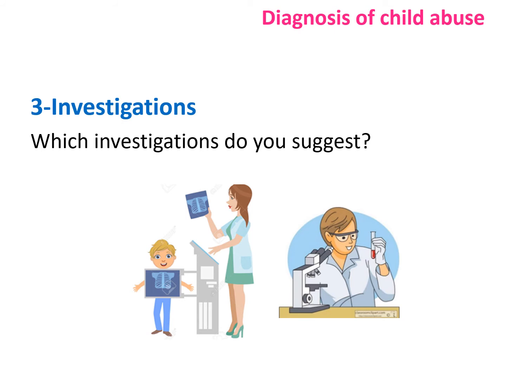Sometimes after the examination of the child, you suspect that he has fractures, so you should make an X-ray for him. Sometimes you suspect that the child has a head injury, so you should send him to do CT or MRI to detect if there are any intracranial injuries.